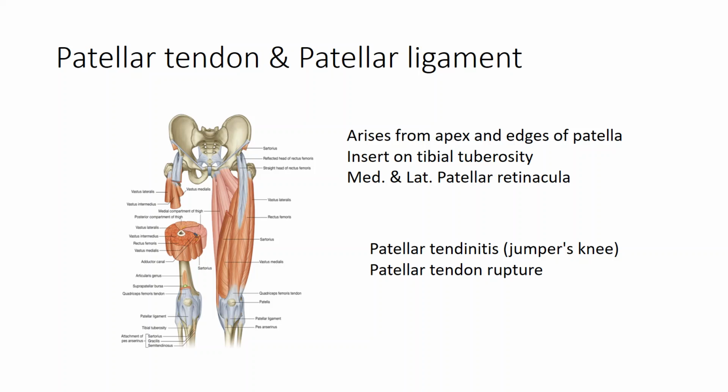And there are two expansions from this, reinforced by the fascial fibers. These flattened portions go towards the tibia, related to the medial and lateral condyles of the tibia, and are known as the medial and lateral patellar retinaculum.